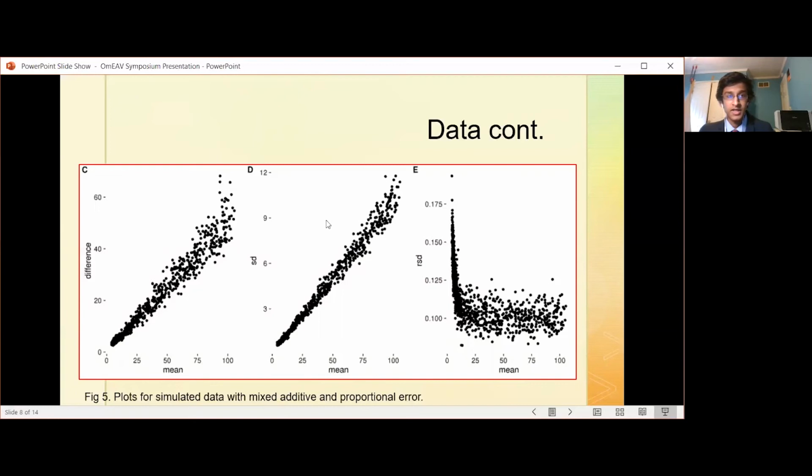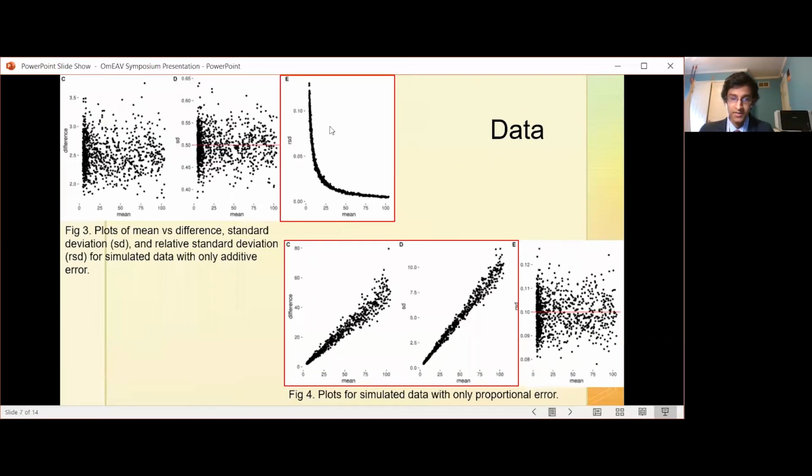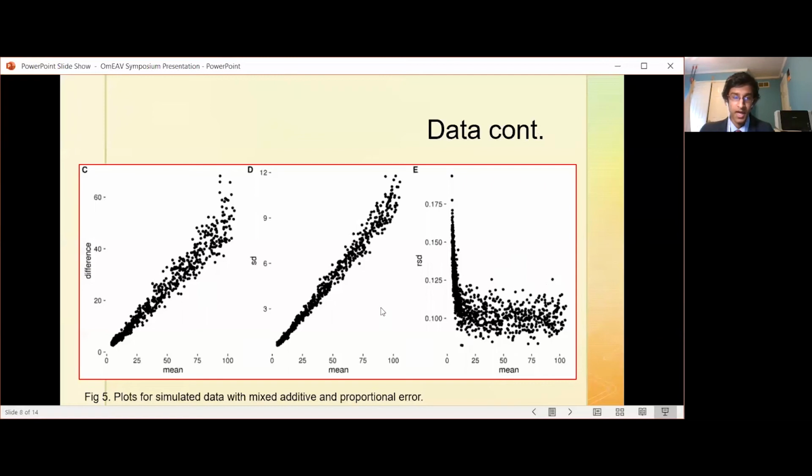If I took a data set and graphed these, I could look at it and know what type of error I'm dealing with. Because it showed the same graphs and patterns as the ones when there was only each type of error, and it's showing both of them, I know that it has both types of error.